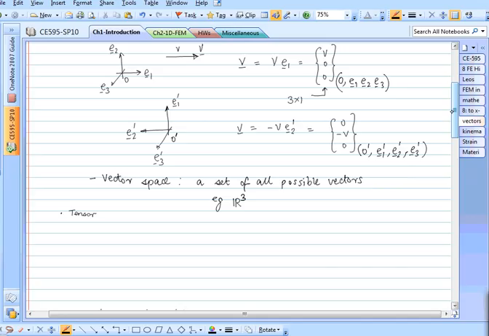Now that we know what a vector space is, what vectors are, what scalars are, what is a tensor? Who can tell me what a tensor is? I'm sure you guys talked about this last time in 570 for those of you who took it. So what is a tensor? Anyone remember what the definition is?